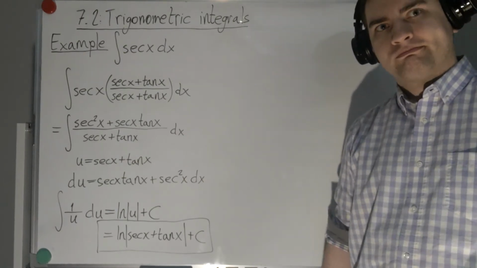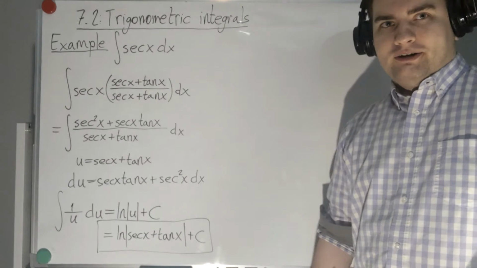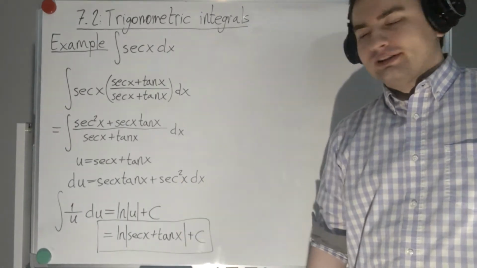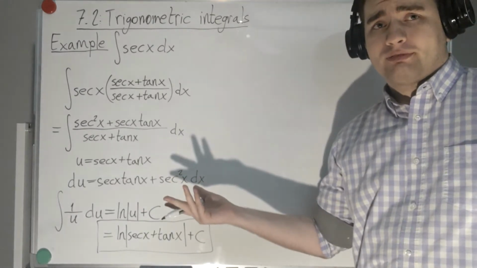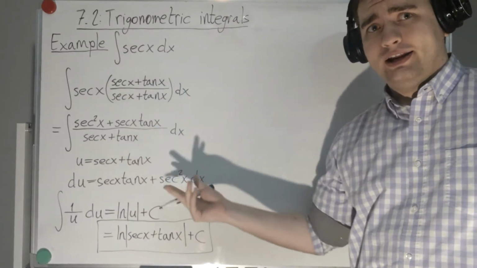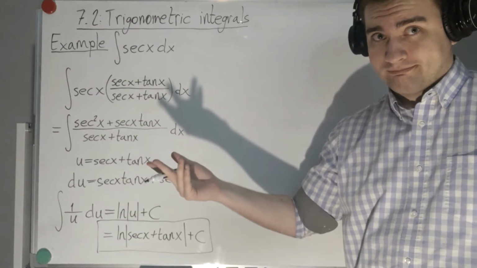Okay? So I started us off with this one because first of all, it shows you how weird this can get with trigonometric functions, but also because it's kind of in a class by itself. Like, you don't really use a technique that's quite like this for any other function than secant, except cosecant.